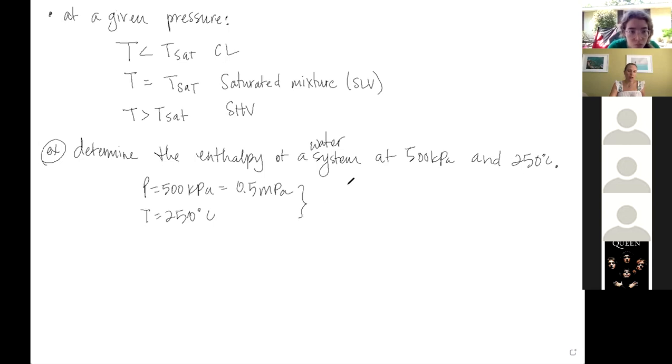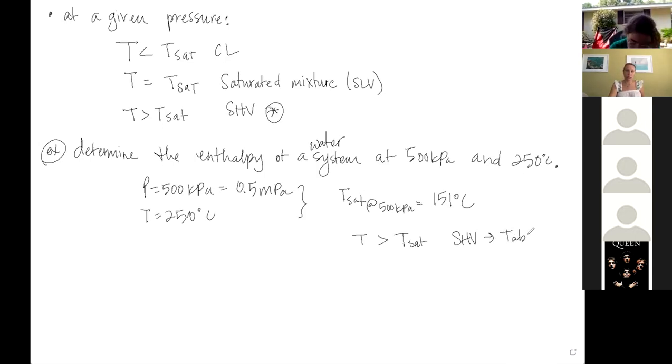If we start looking at table A5, T sat at 500 kilopascal is equal to 151.83 degrees Celsius. So our temperature is greater than our T sat at a given pressure. So we are a superheated vapor, which means that we need to move to table A6.